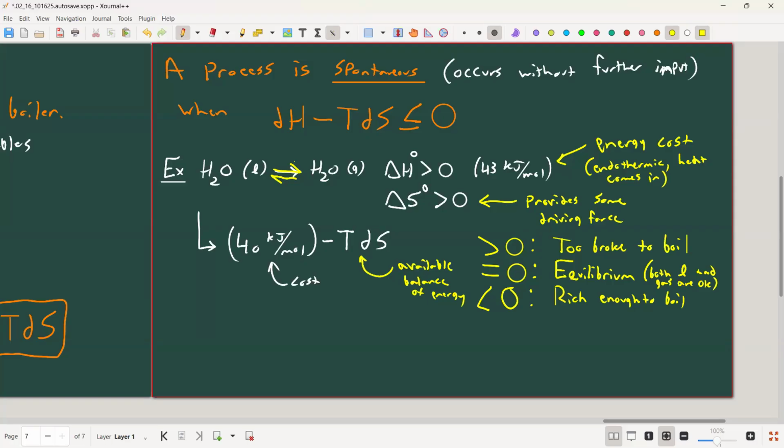So if it's greater than 0 for boiling, then it's less than 0 for liquefaction. So even though here you're too broke to boil, you ain't broke enough to condense, right? You've got tons of money to condense. Mother Nature says, please condense for me. And then on the other end, rich enough to boil, that means you're broke. The gas is too broke to liquefy. The entropy is going the wrong direction.